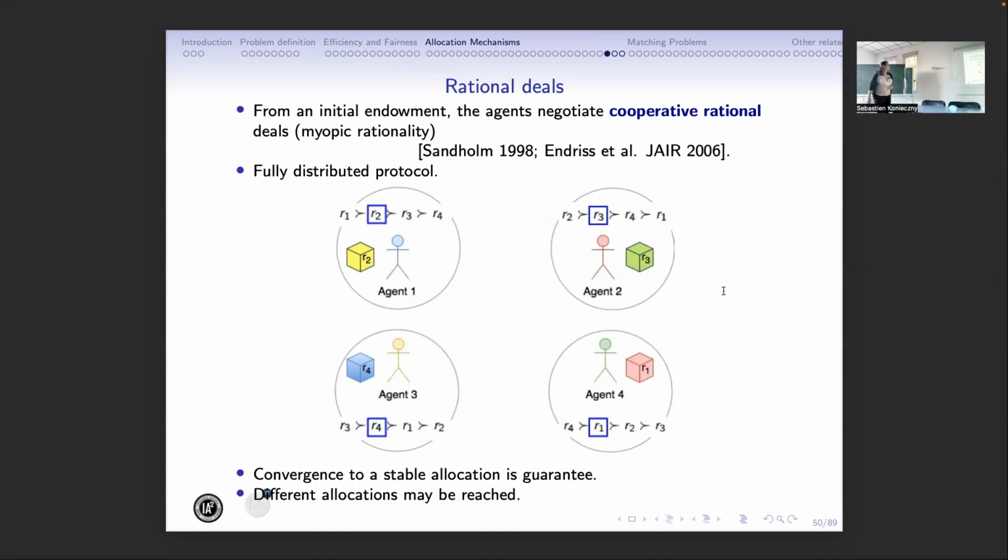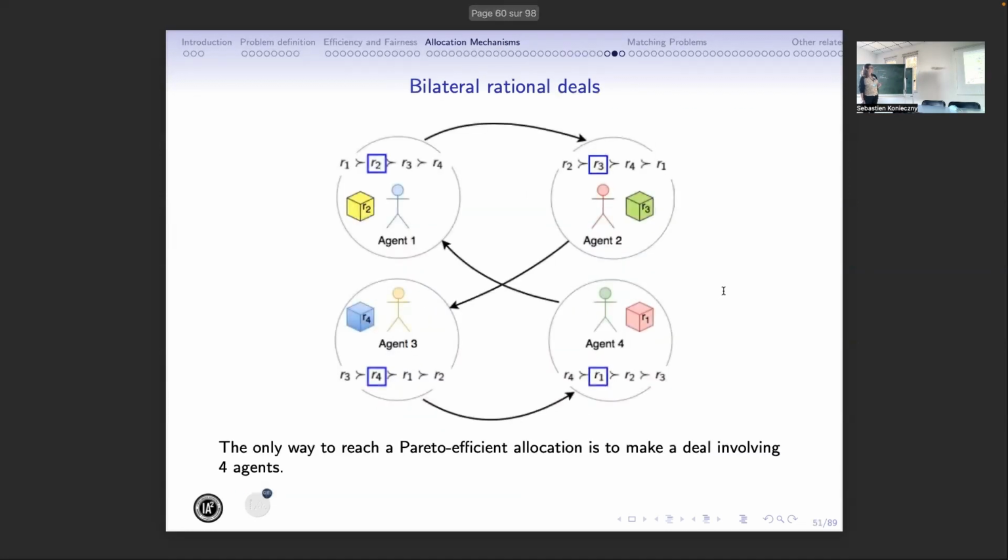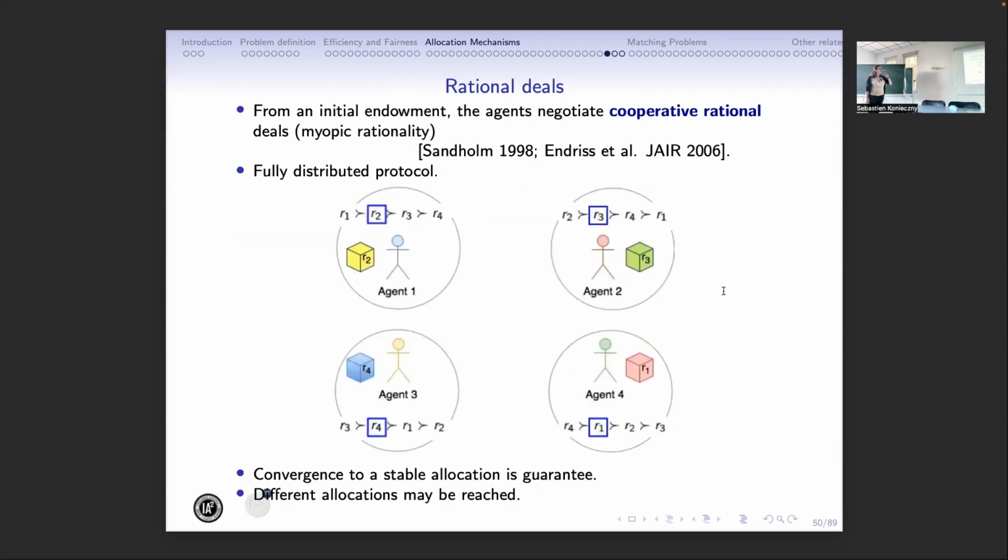And in fact, we prove that if we have n agents in some situation to reach a Pareto optimal allocation, we may need to make a deal involving n agents, involving all the agents. So if we restrict the exchange to a bilateral exchange involving only two agents, we may reach an allocation that is not Pareto optimal.